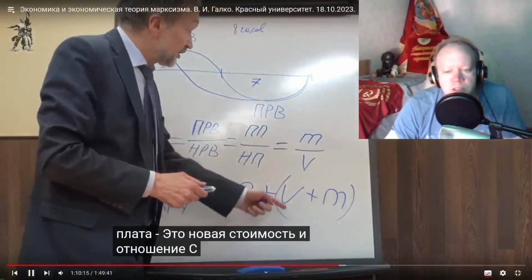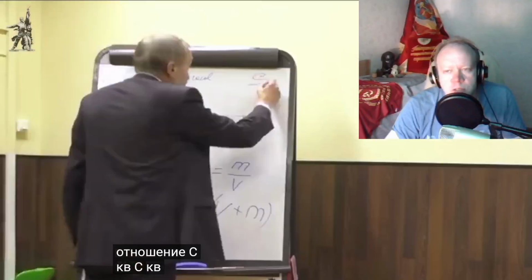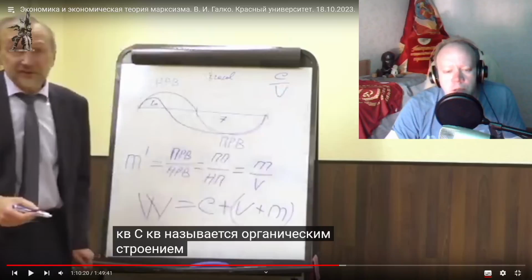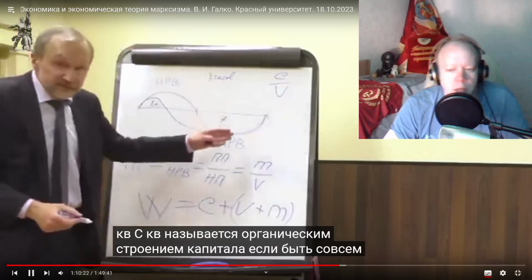So this is the ratio C to V. This is called the organic composition of capital.